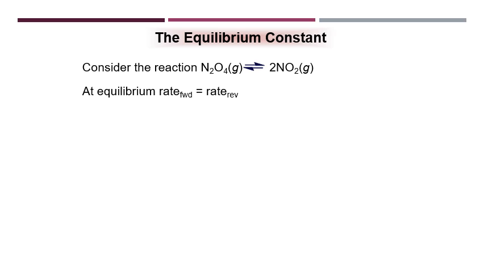So if we look at that previous reaction, we have N2O4 as a gas breaking down into two molecules of NO2. At equilibrium, we know that the rate of the forward reaction is equal to the rate of the reverse reaction. If you recall from our kinetics, we would write the forward reaction just as we see, N2O4 going to two molecules of NO2. If we were to write the rate expression for that forward reaction, it would be equal to some value K times the concentration of N2O4.